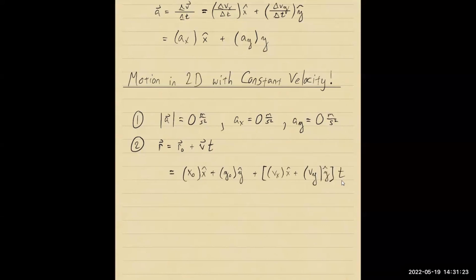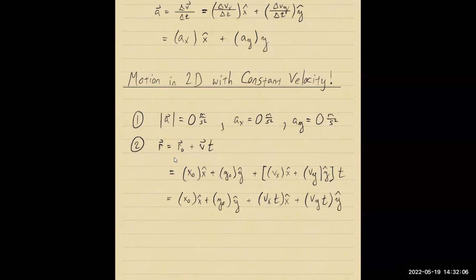I'm going to multiply the time through and quickly rewrite this equation. r0 stays the same: x0 in the x direction plus y0 in the y direction, plus, and again, we're multiplying a vector v by a scalar t. The way that we do that is we take our scalar and distribute it to each of the components of our vector. So this becomes vx times t in the x direction plus vy times time in the y direction.